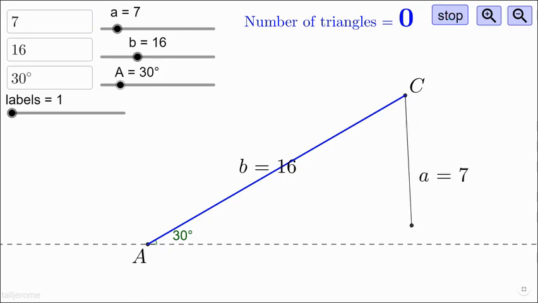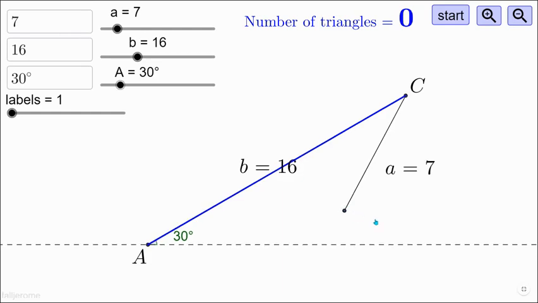As I press play, the distance doesn't change. But what we're noticing is there is no situation in which an actual triangle can be formed, because this side A is just way too short to reach this horizontal line.